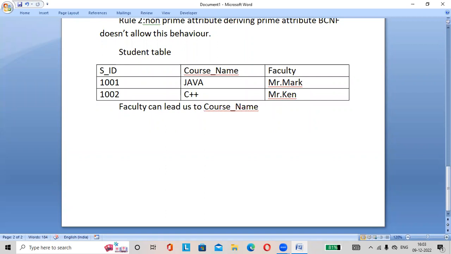Course name is a primary key here? No, ma'am. Course ID is the primary attribute. Course name is a primary attribute or non-primary attribute in this table? Non-primary. Course name is a non-prime attribute.